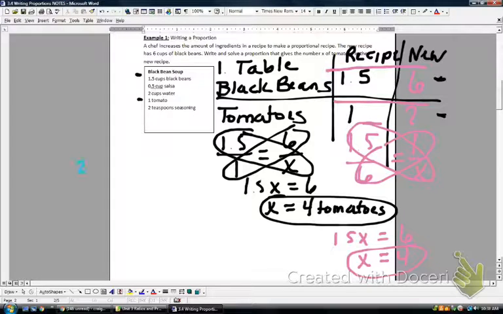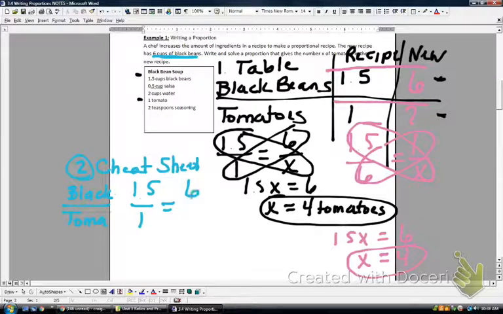Now let's try it the second way, the way that I call a cheat sheet, and you're going to see that it's very, very similar. It's just you don't have all the extra lines. So my labels are black beans and tomatoes, and just like before, I have 1.5 cups to 1 tomato, and then my new recipe is 6 cups of black beans.